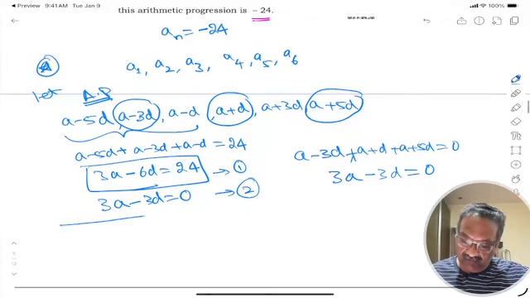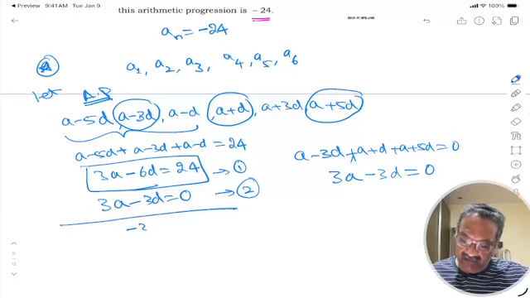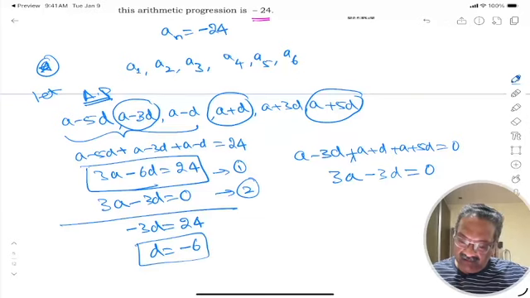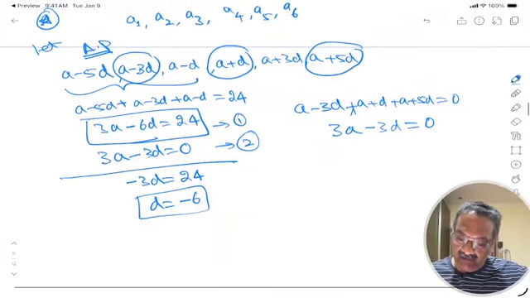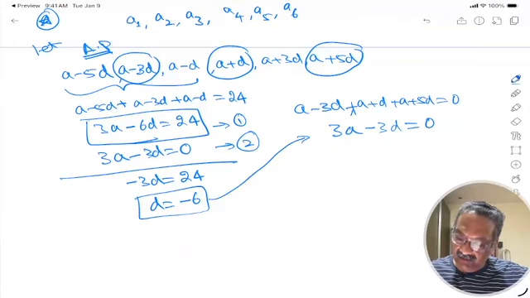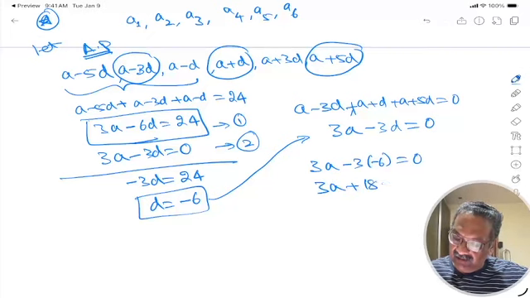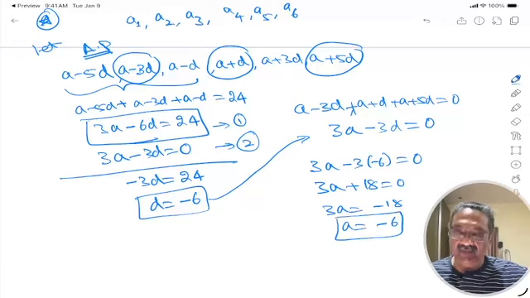If you subtract this, we get minus 12D is equal to 24, D is equal to minus 2, and substituting here, A is equal to 6.